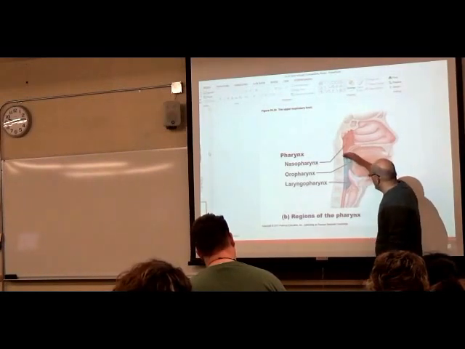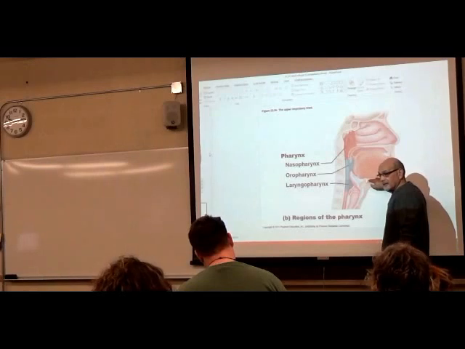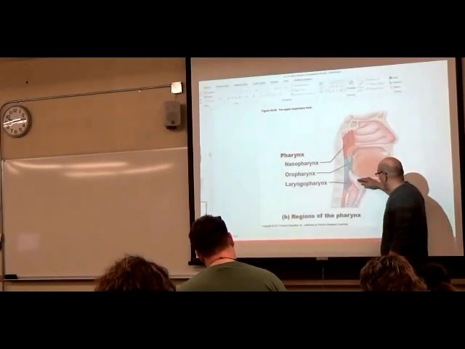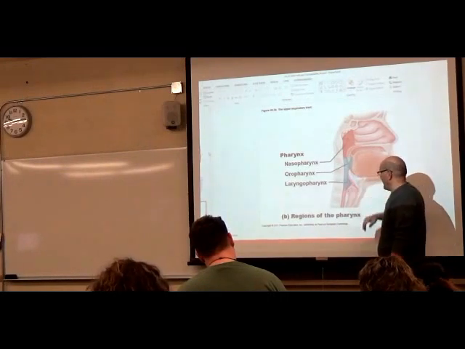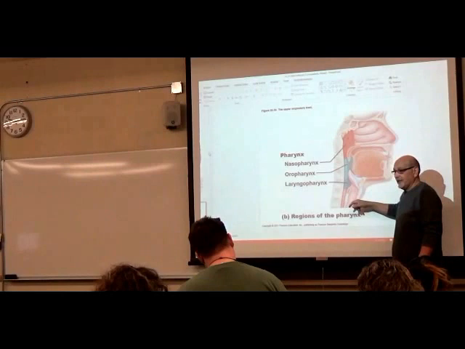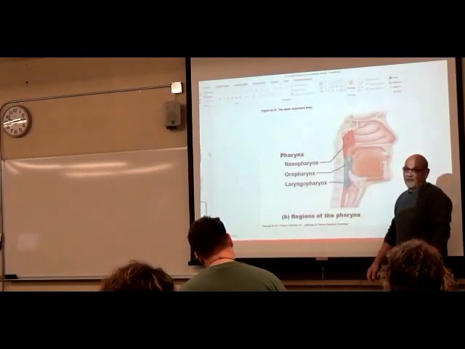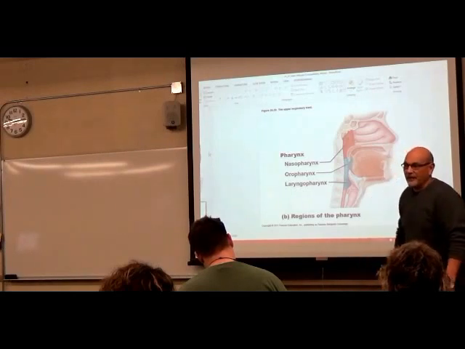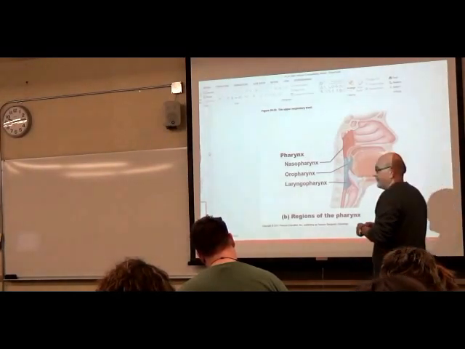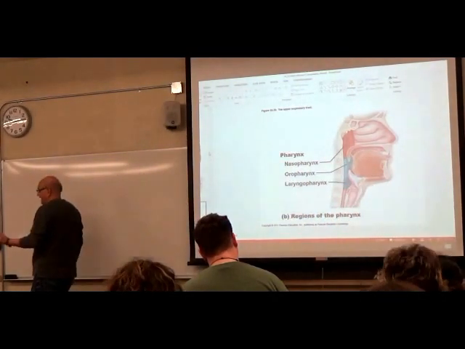The oral pharynx runs from soft palate to top of hyoid bone. And laryngeal pharynx from hyoid bone to the top of the larynx, which is this, larynx and esophagus. All right? So there's your pharyngeal regions. Pharynx just means connecting tube. So that's the pharynx.